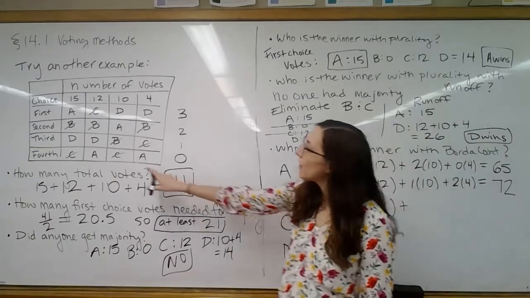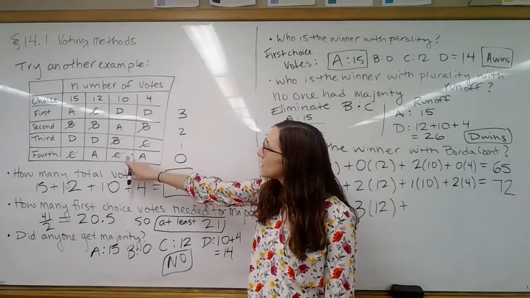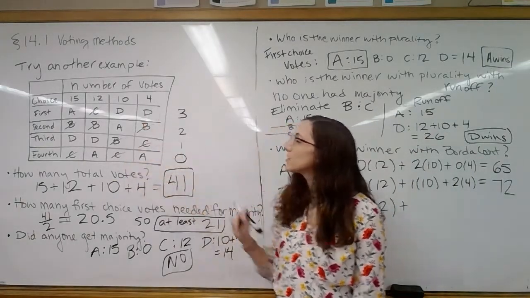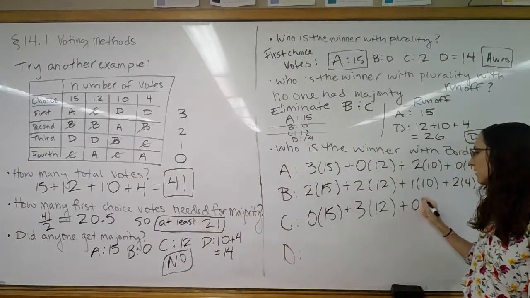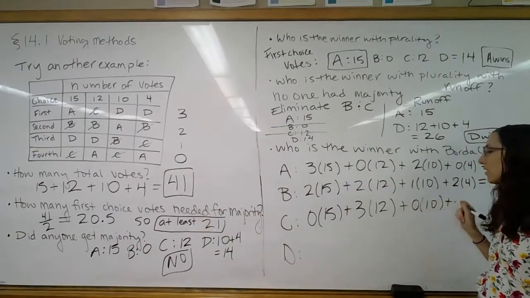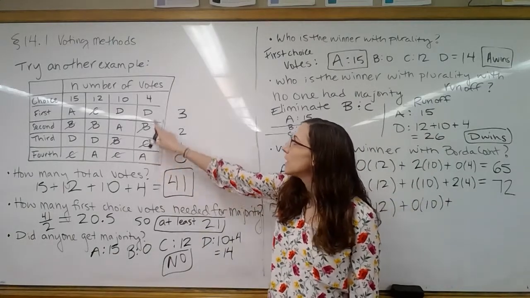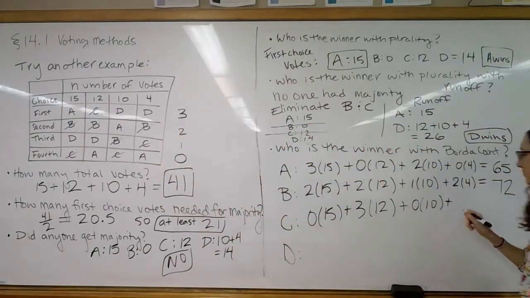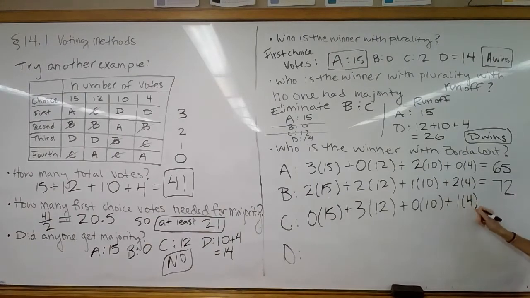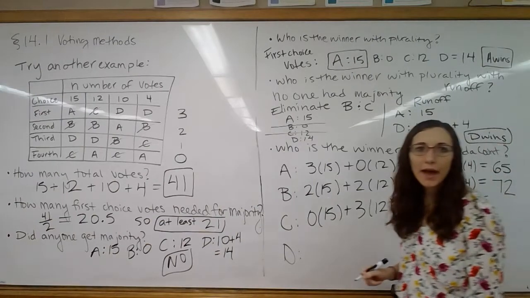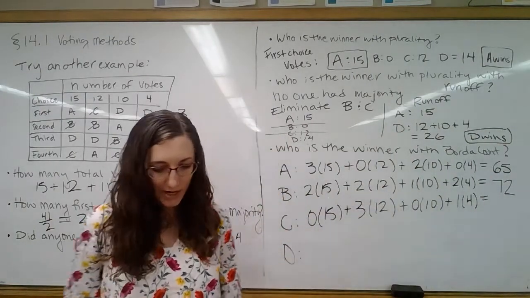Then there's last in the third column, so 0 points times 10. And then they are third choice, so 1 point times 4. If you add that up, you should get 40.